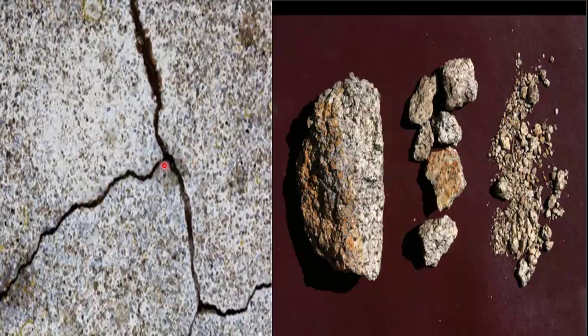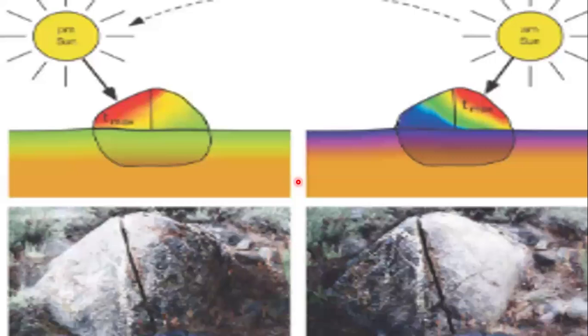The rocks get disintegrated, but there is no change in the mineral contents of the rock. This type of weathering is active in the region where the vegetative cover over the rocks is scarce.